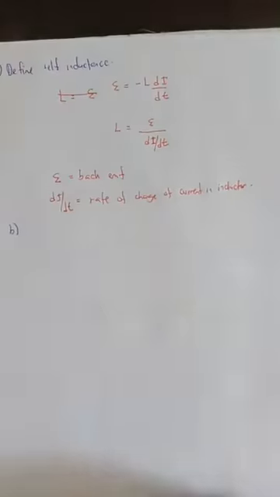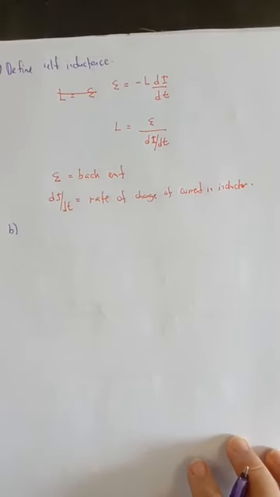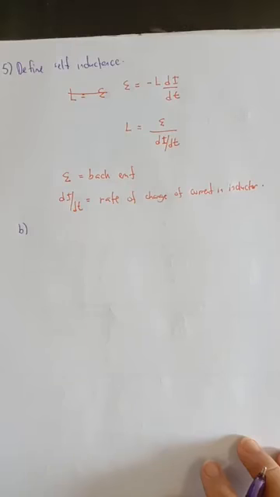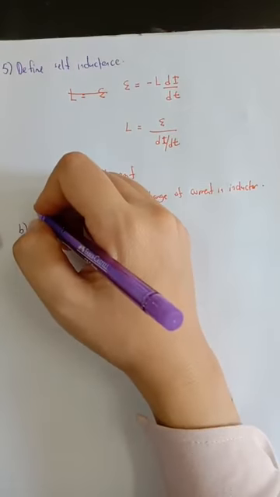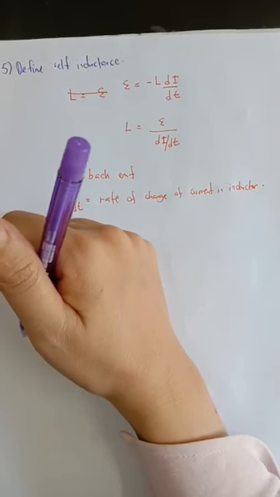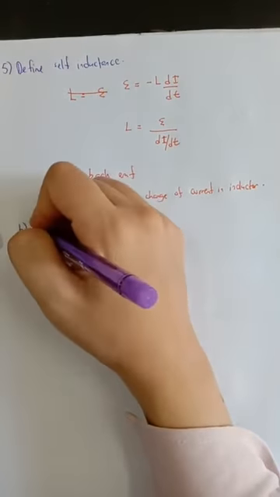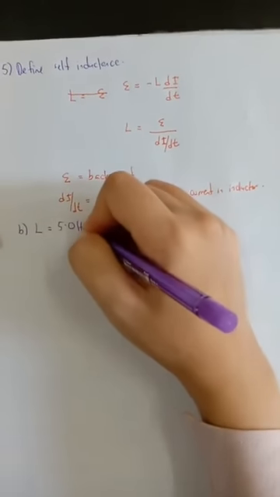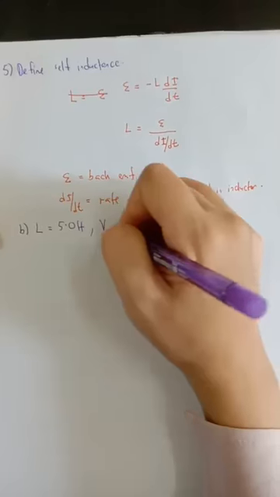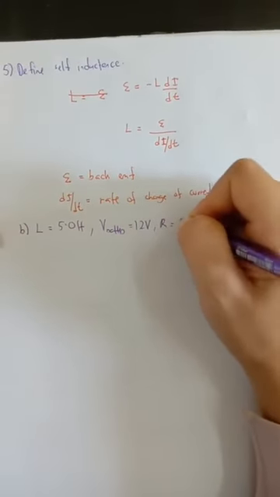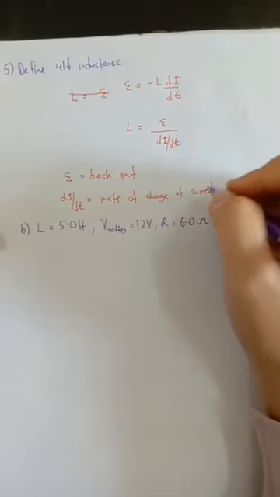Okay, B, this is question number 5. B, we got, just like the previous question, inductance of 5.0 Henry. The battery is 12 volt. Resistance is 6.0 ohm.